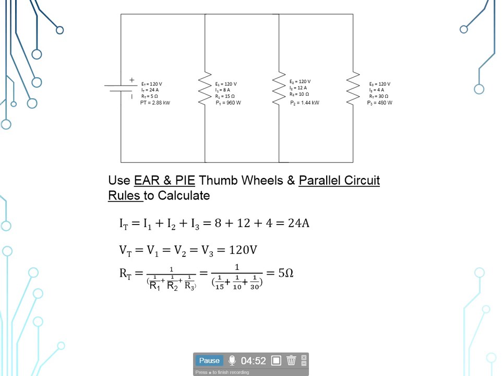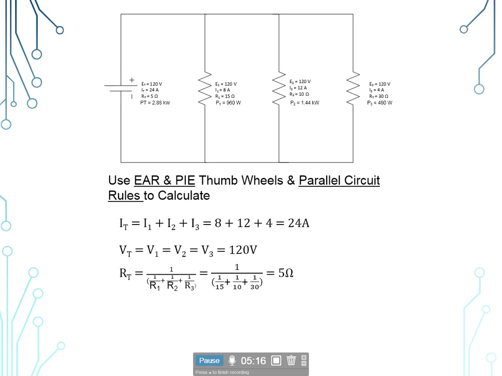And the third one, which is most used, especially for those first learning, is the reciprocal formula. It's 1 divided by, open your parenthesis, 1 divided by R sub 1 plus 1 divided by R sub 2 plus 1 divided by R sub 3, close your parenthesis.